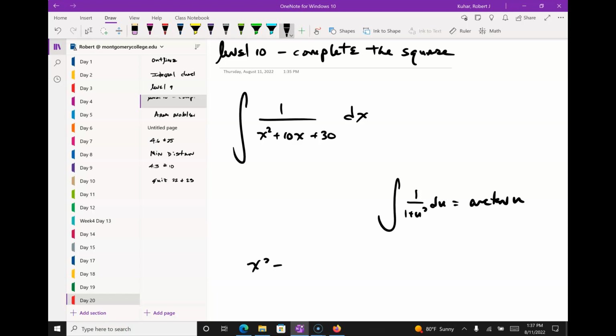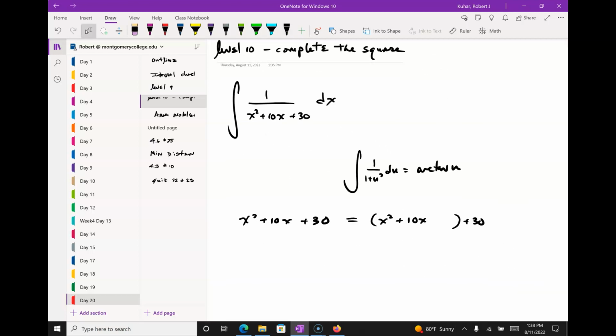So I've got x squared plus 10x plus 30, and I'm going to rewrite that as the first two terms grouped together, right? And I want the leading coefficient of x squared to be 1. I will keep it as 1 for you. If I did my 12th level, the leading coefficient would not be 1, okay?